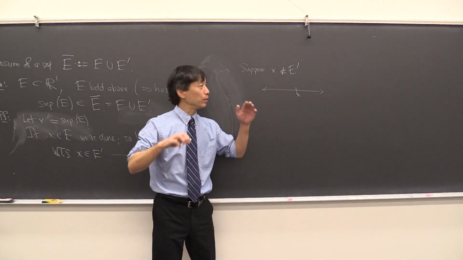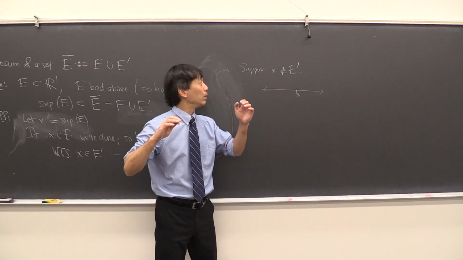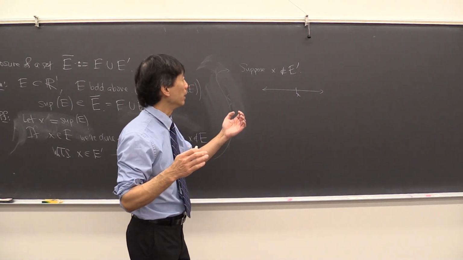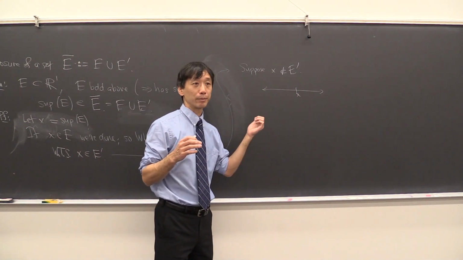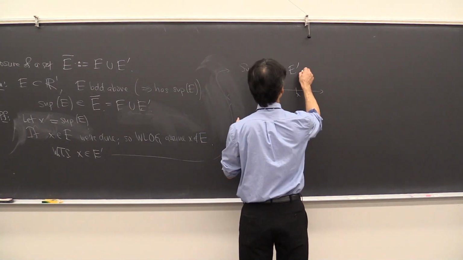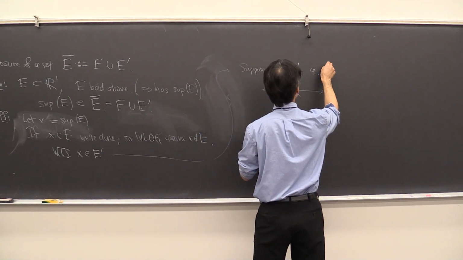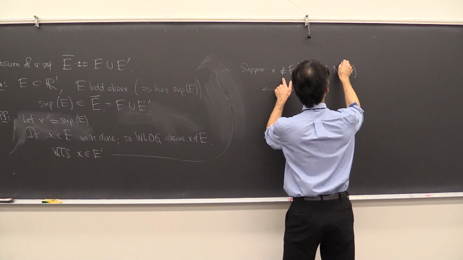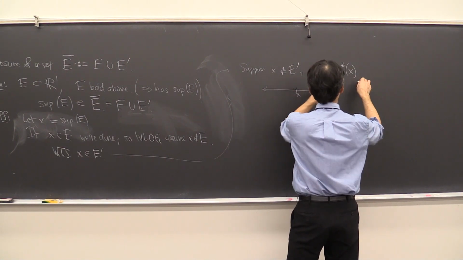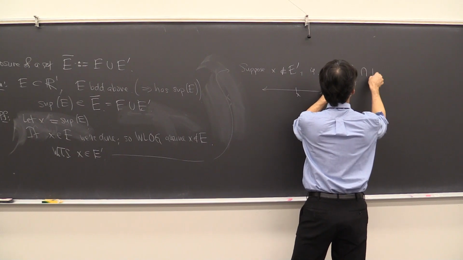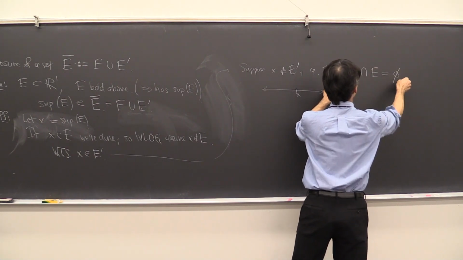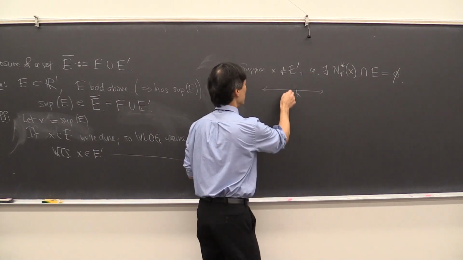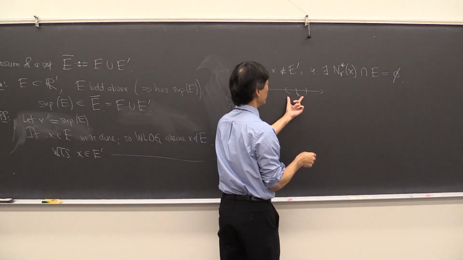That gives you that there's some punctured neighborhood around X that does not intersect E.